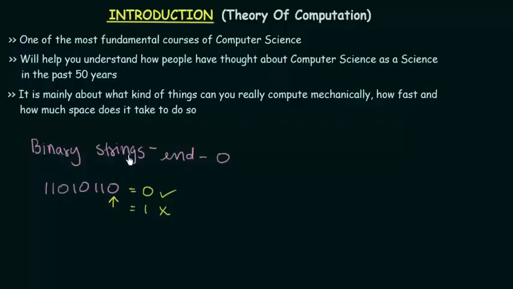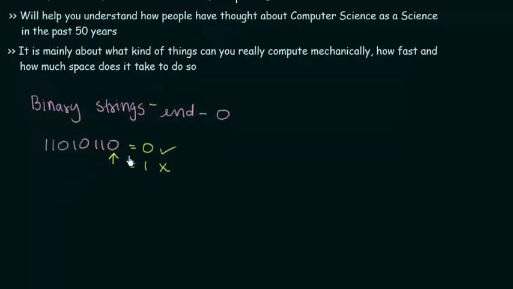Now let us take another example. In this example, I want to design a machine that accepts all valid Java code. Okay, so what should my machine do?